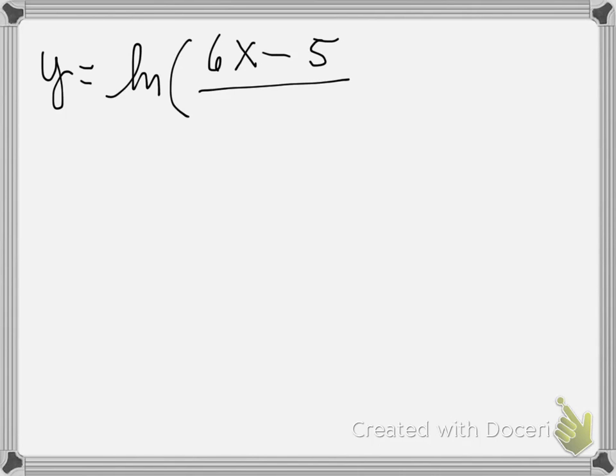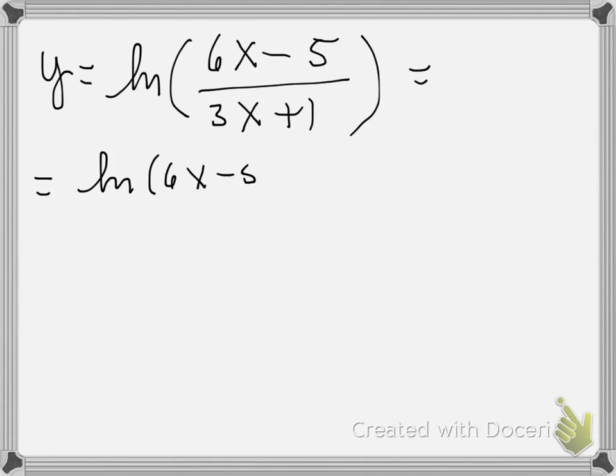And what we have is y equals the natural log of (6x minus 5) over (3x plus 1). And the first thing I'm going to do is rewrite this as 2 logs: natural log of 6x minus 5, minus the natural log of 3x plus 1.